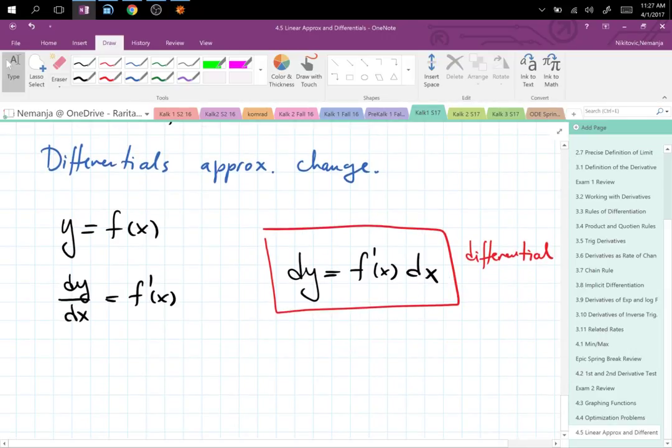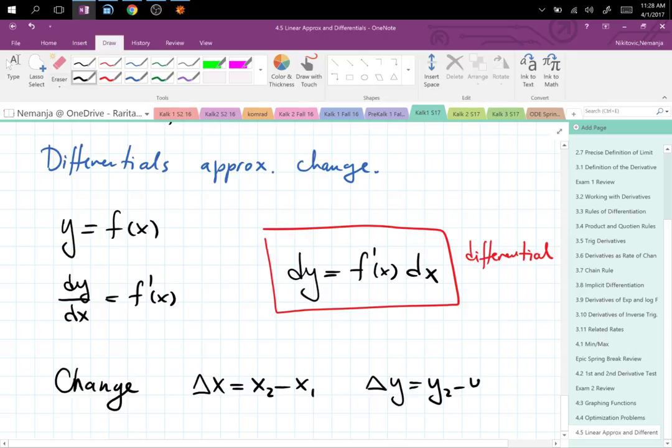Now, what does this stuff mean? Well, first of all, what is the change? Let's not look at the triangle, let's just say that the change in x is x2 minus x1, and change in y is y2 minus y1.